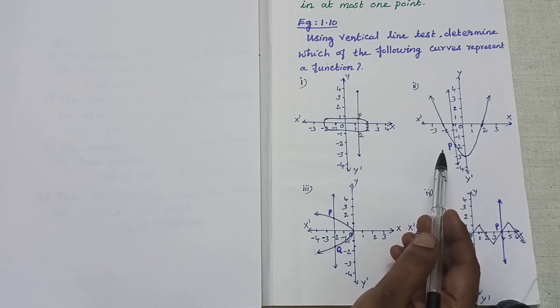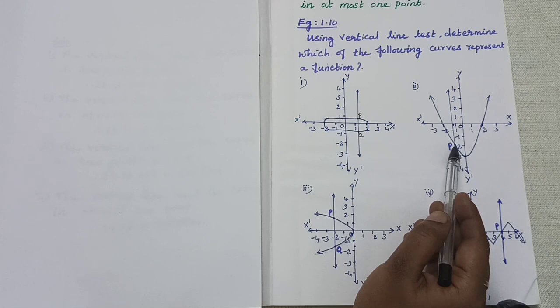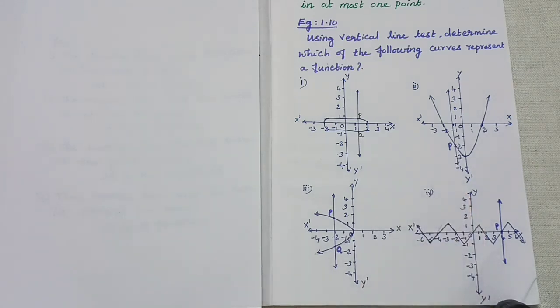That point is P. So it is a function. By definition, every vertical line intersects the curve at most 1 point. At most 1 point means it is a function. More than 1 means it is not a function. Have you understood?